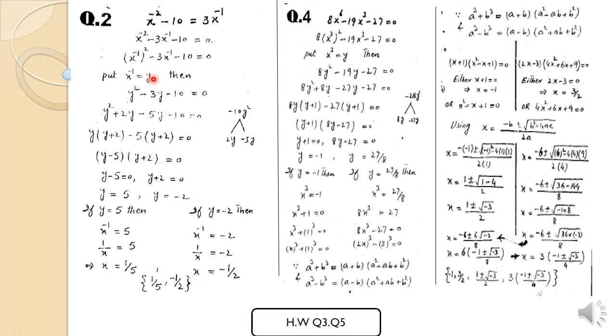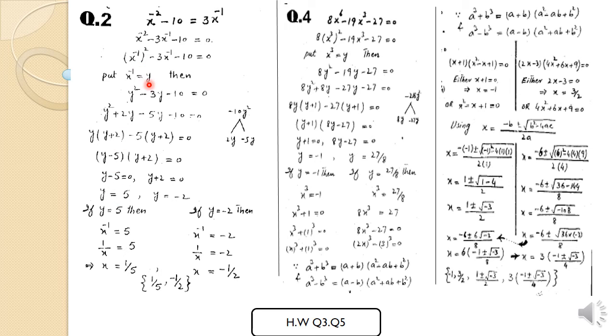Put x^-1 equals y, then after substituting we get y^2 minus 3y minus 10. To factorize, we split minus 3y into 2y and minus 5y. Then we factorize this equation, and after simplification we get y equals 5 and y equals minus 2.